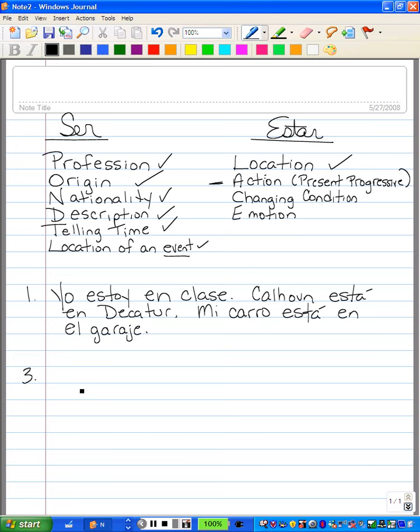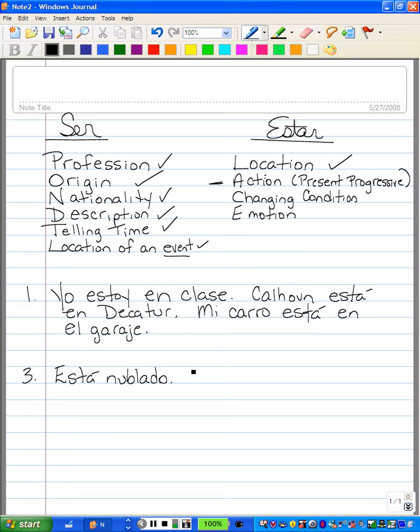Changing conditions can be weather expressions. Like if you say it's cloudy. It's cloudy is está nublado. It can be like if you say that your food is hot, as in warm hot, you would say, let's put a noun there.